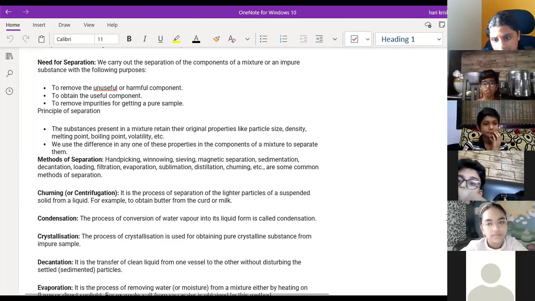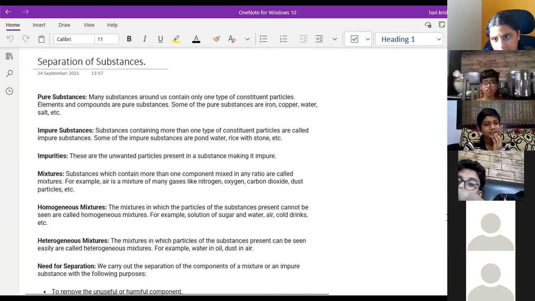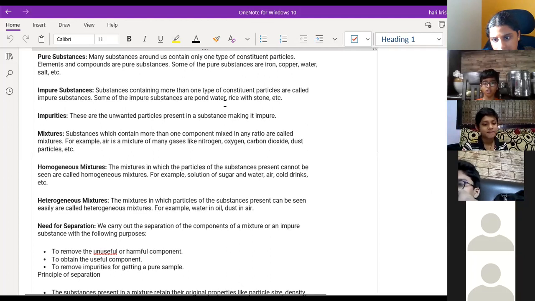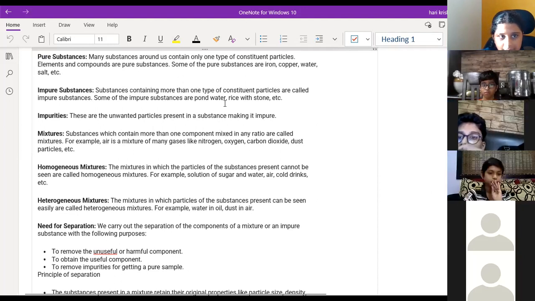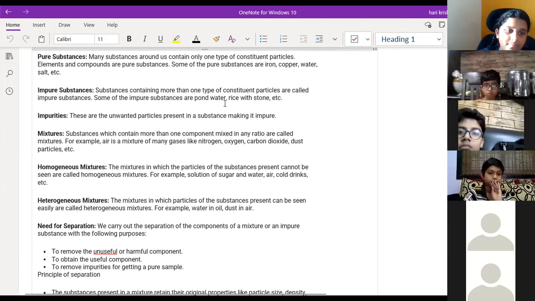I didn't understand heterogeneous and homogeneous. Okay, one minute, please. I will show one image, then you'll understand clearly. I will find an image on homogeneous and heterogeneous. You will understand it easily.